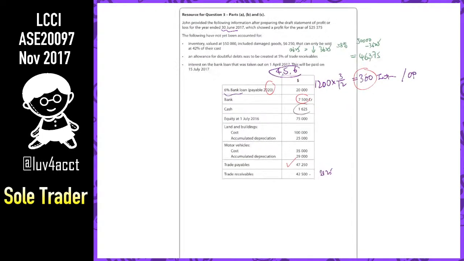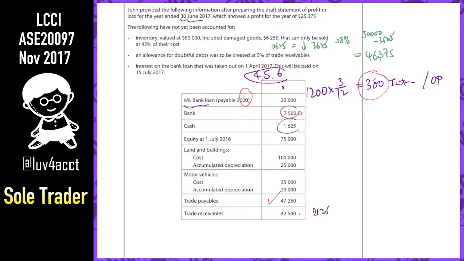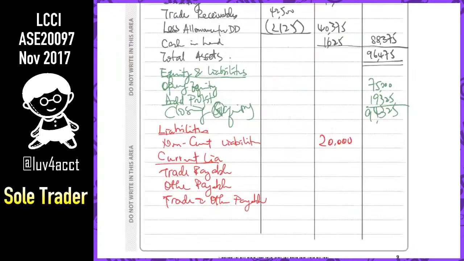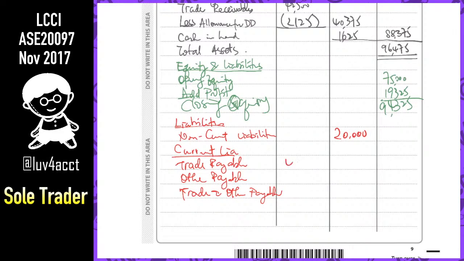Okay, trade payables 47,250, and then 300 for interest. 47,250, 300. Okay, added together we have 47,550. And then next we have a bank overdraft.